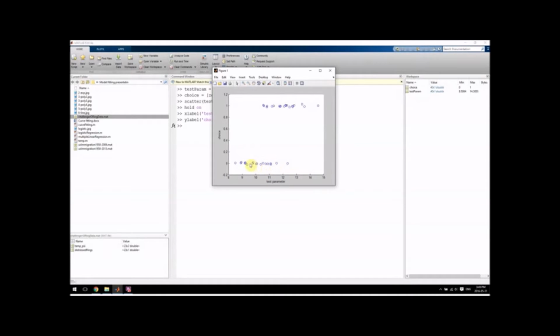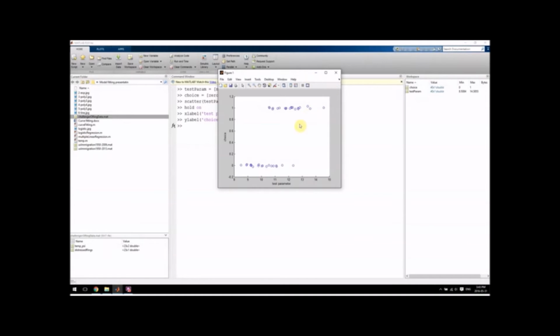Each of these dots would represent one trial in the experiment. The x-axis shows what the test parameter was in that trial, and the y-axis shows whether the rat chose option B or option A, or maybe it's A and B, doesn't matter. Okay, so now what we want to do is fit the logistic function to this, and we can use that logistic function output to represent the probability of the rat choosing choice A as a function of the test parameter.